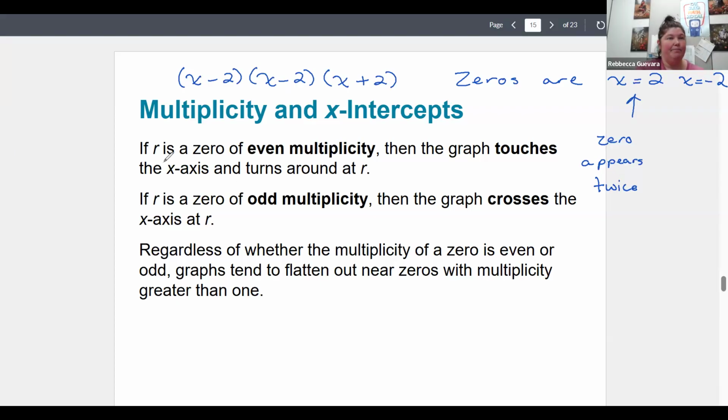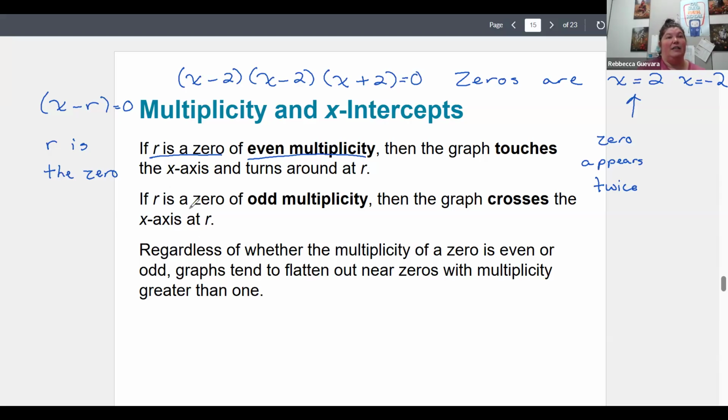So if r is a zero, meaning we have something that looks like x minus r, then r is going to be the zero. If r is a zero of even multiplicity, then the graph is going to come down and touch the x-axis and turn around at r.